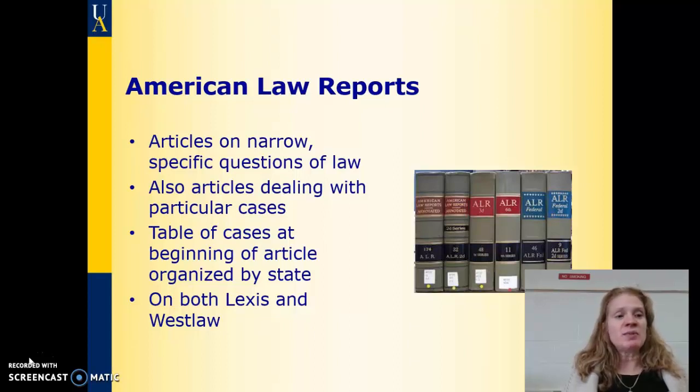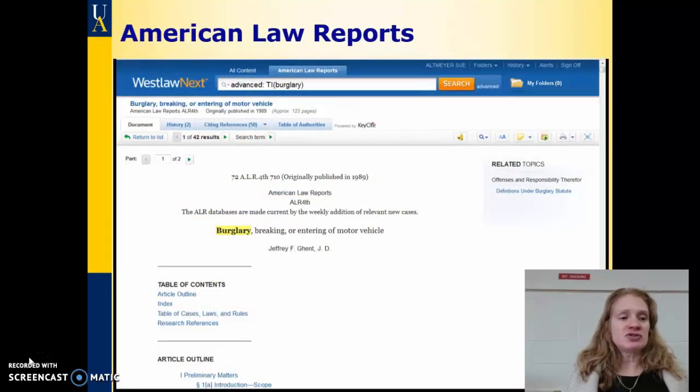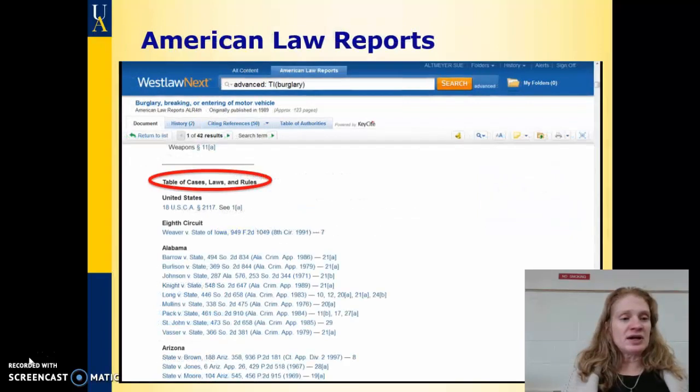A couple things you should know about ALR, both on Lexis and Westlaw. There is a table of cases at the beginning of your ALR article that's organized by jurisdiction. So here I'm going to show you what that is. This is an article about burglary, breaking or entering of a motor vehicle. Here we have a table of contents, an article outline, and we get down to table of cases.